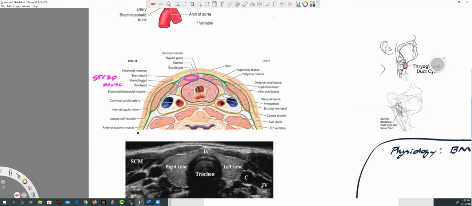Sternothyroid, now it's not connected to your thyroid. It goes from your sternum to the thyroid cartilage, actually, there. And then the omohyoid, and this one's really weird.